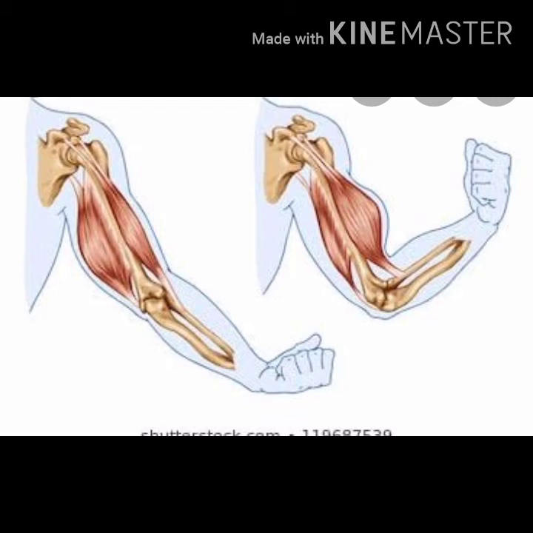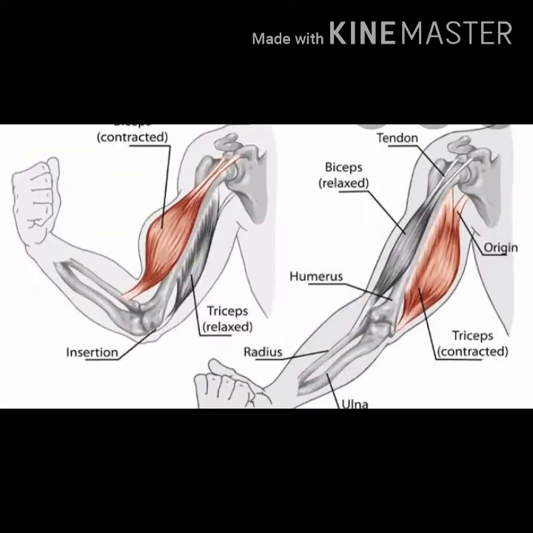Muscles are always present as a part of bone. So muscle and bone work together to maintain the movement of our body organs. We can see muscles along the upper arm, lower arm, the bones of the legs, etc.